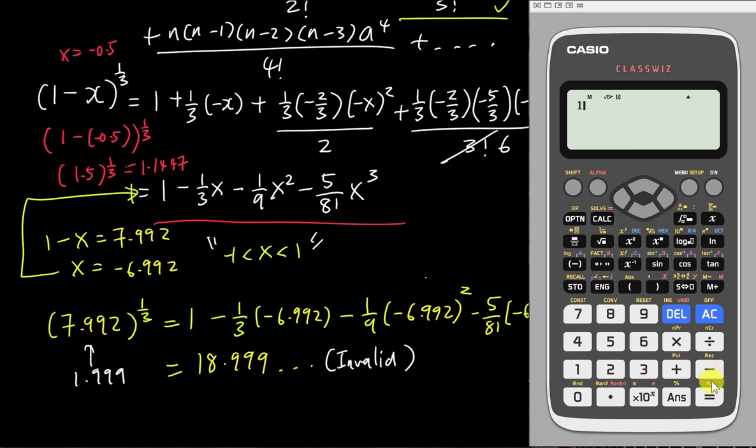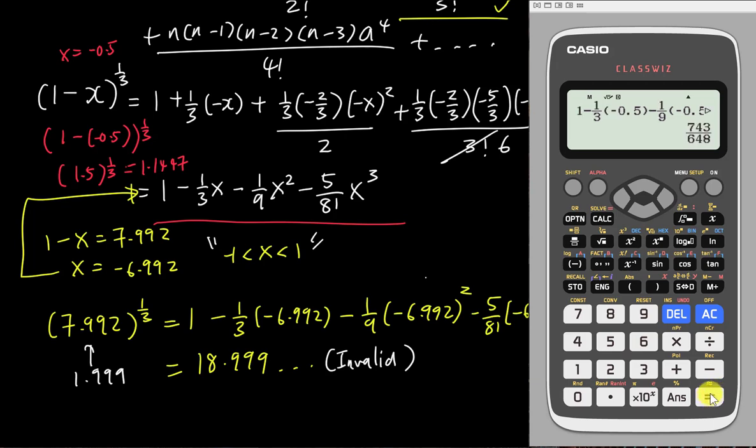So 1 minus 1 over 3 of negative 0.5, minus 1 over 9 of negative 0.5 squared, minus 5 over 81 of negative 0.5 cubed.